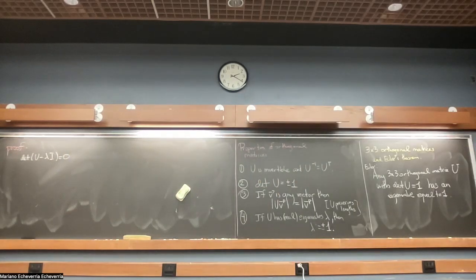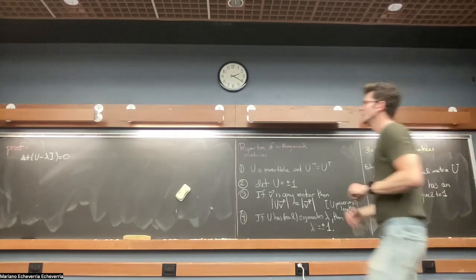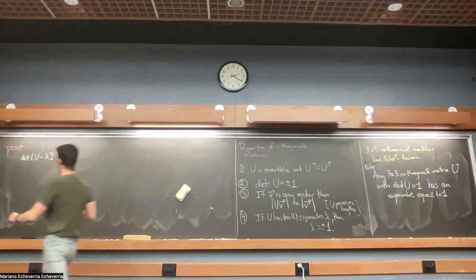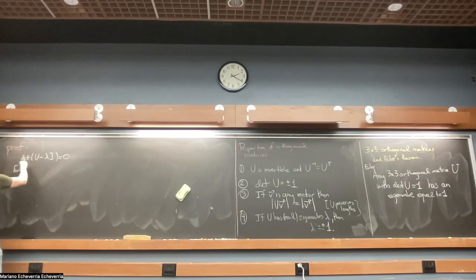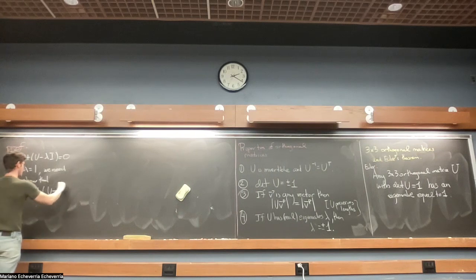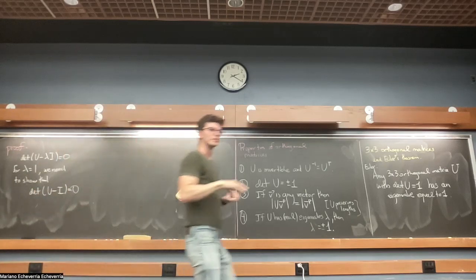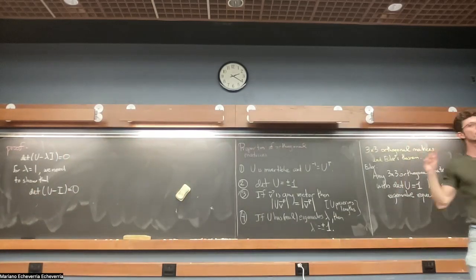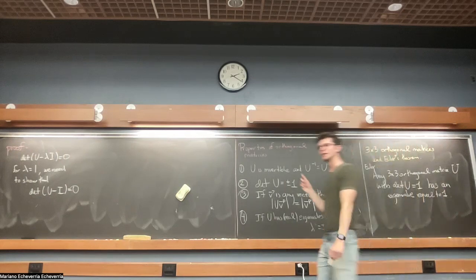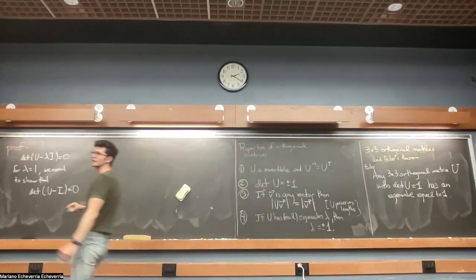So we need to show that the determinant of U minus I equals 0. Is that making sense? If we prove that the determinant of U minus I equals 0, that tells you lambda equals 1 is an eigenvalue.